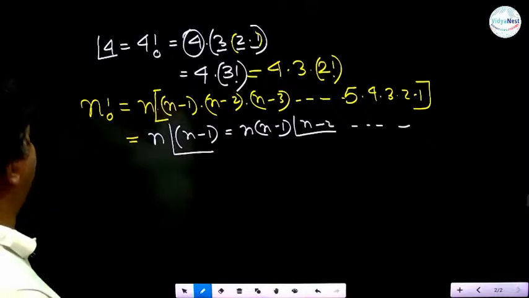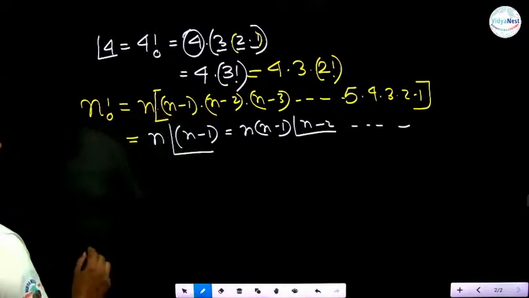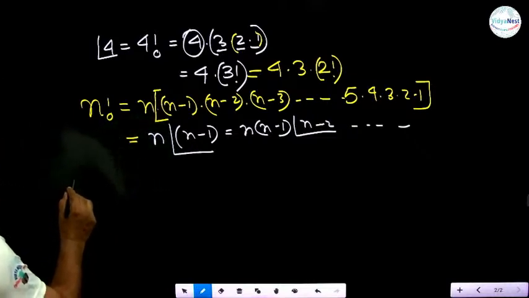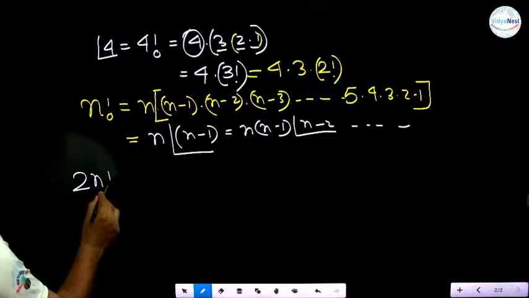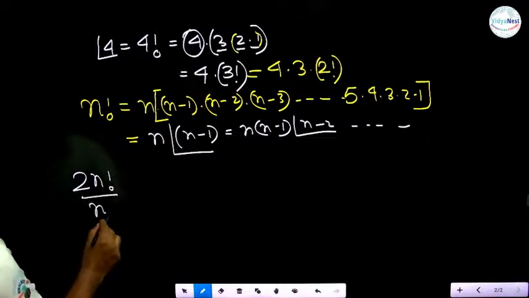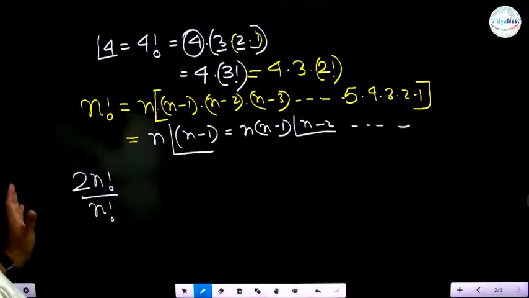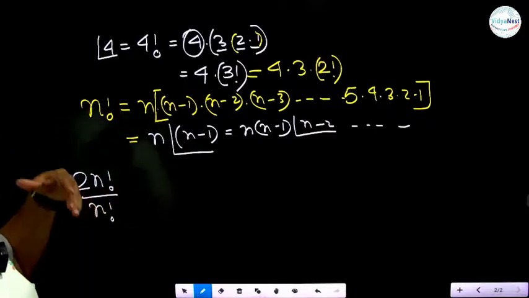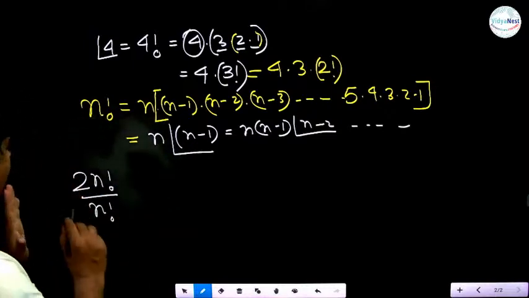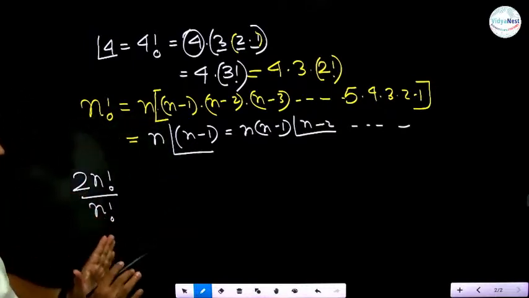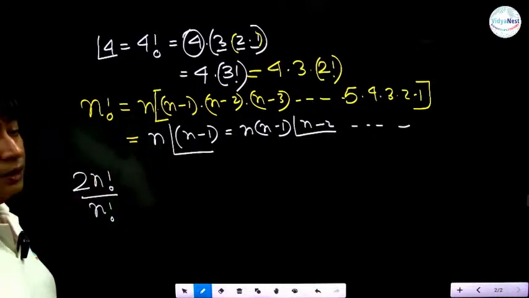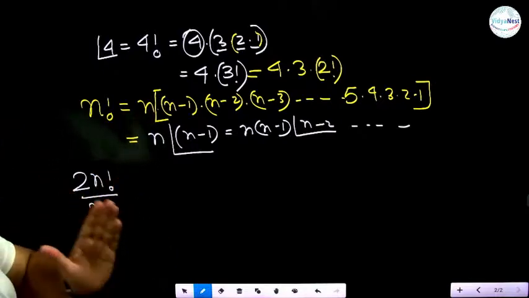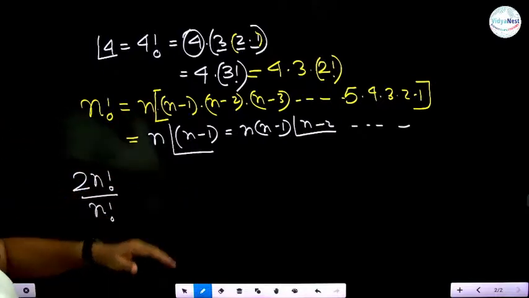Now, suppose you are told to simplify factorial 2n by factorial n. How to simplify that? Shall I cancel factorial? Shall I cancel n? No, I will not be allowed to do that. So I will keep the denominator unchanged. The numerator will be written in terms of factorial 2n and its preceding consecutive natural numbers up to 1.